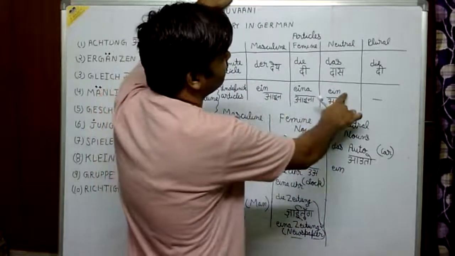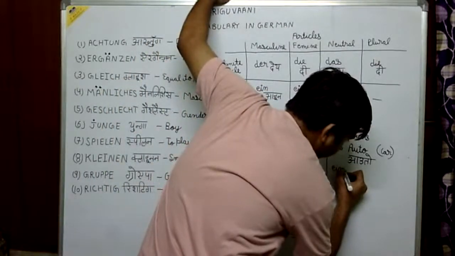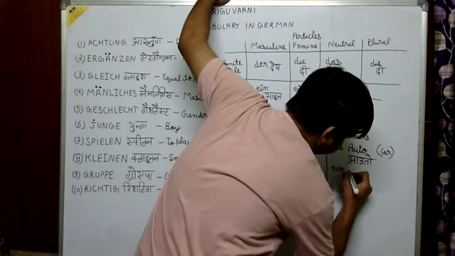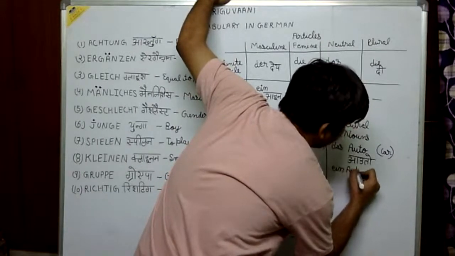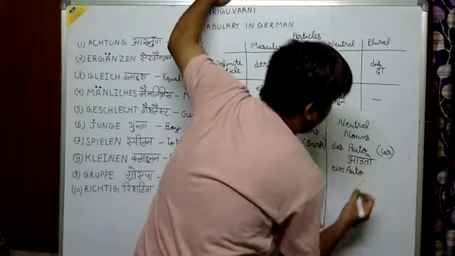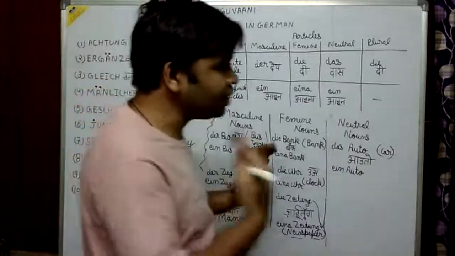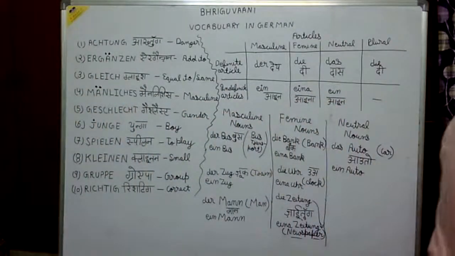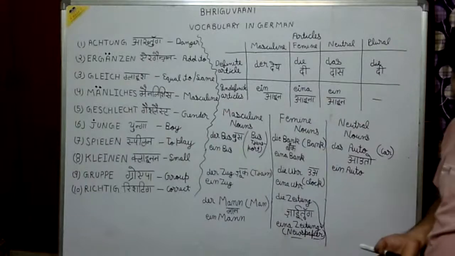We use it in the case of neuter also. Ein Auto. Okay? So, das Auto, ein Auto.